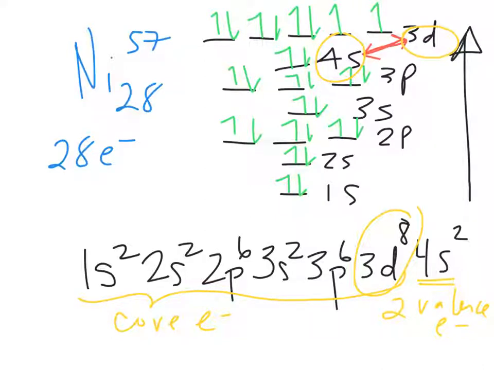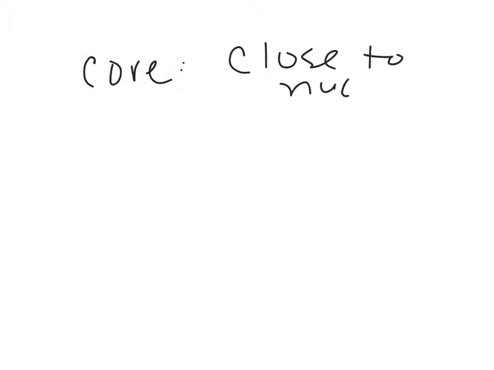So just to distinguish more between the core electrons and the valence electrons, the core electrons spend most of their time close to the nucleus. So even when they're at higher energy levels, they're still spending time close to the nucleus.